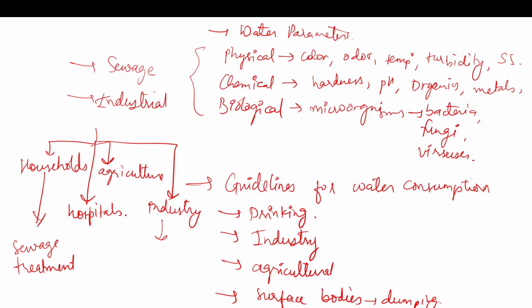For example, if it has slight dust in it, you will not be able to drink it, right? Because of aesthetics, because of its taste. So all these parameters come into picture when wastewater is generated.